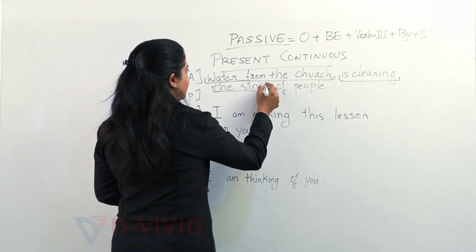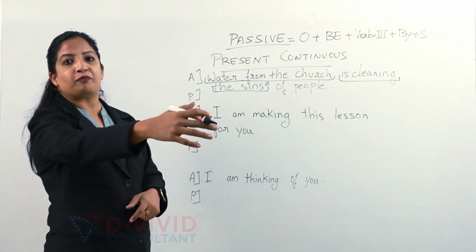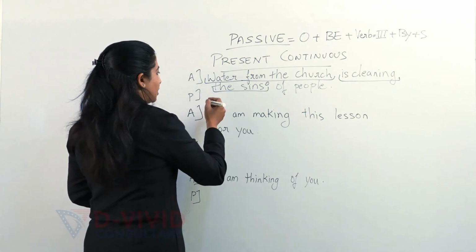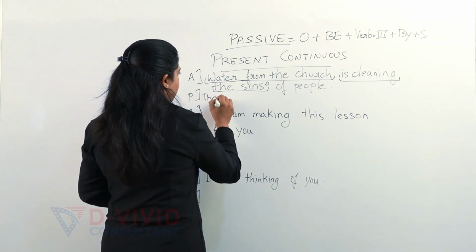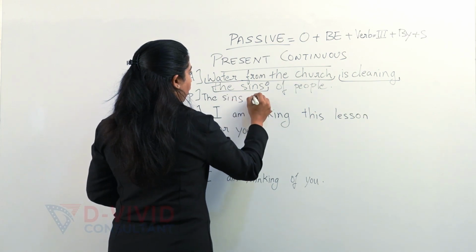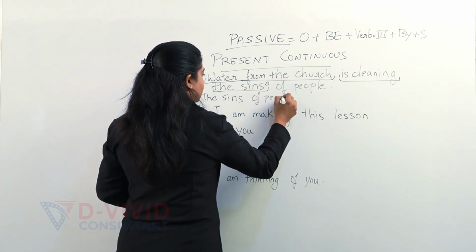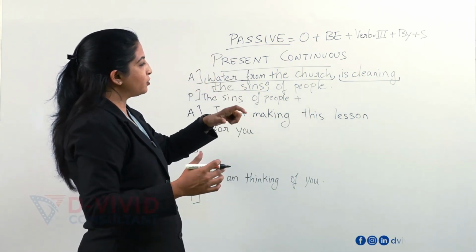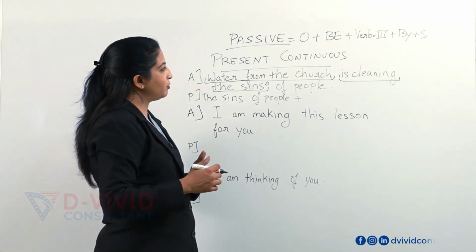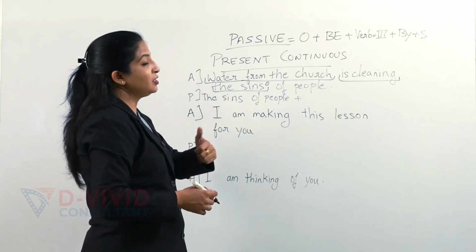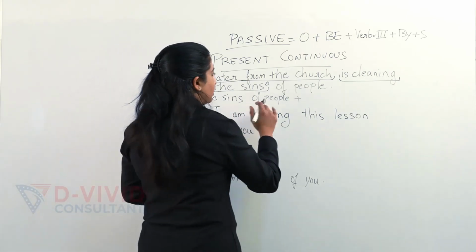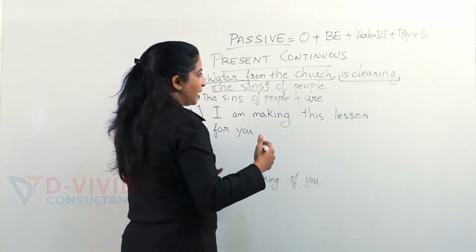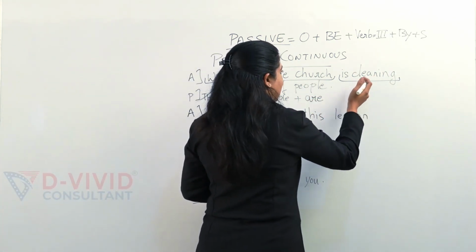So we have the sins, or the sins of people entirely, if you want, you can take as our object. So this will become the sins of people. Then we have the verb, the be form. Here what will we take as be? We have sins, which is plural. So it will be the sins of people are. And what is the verb? Cleaning.